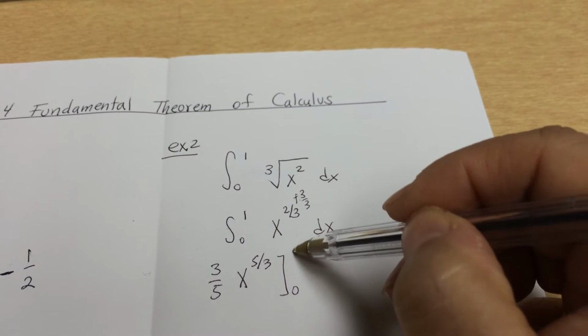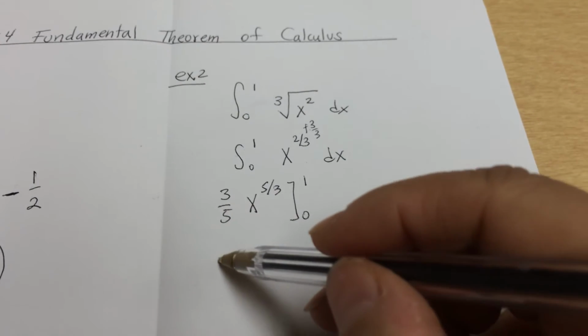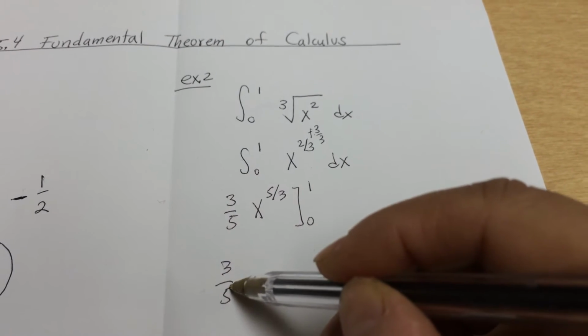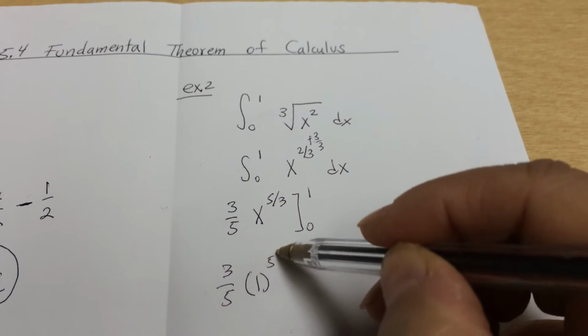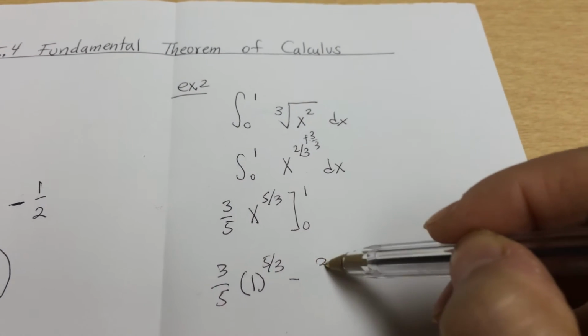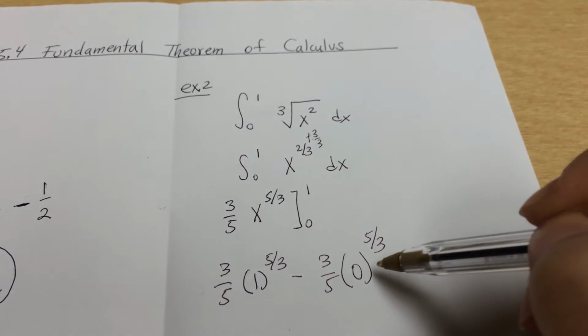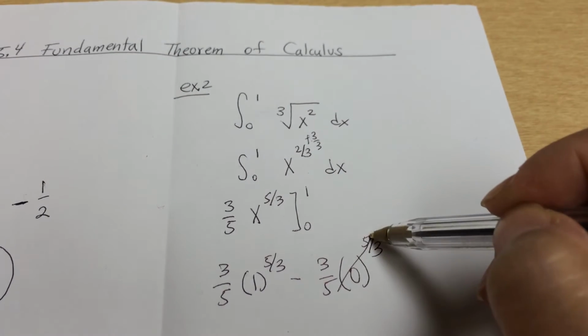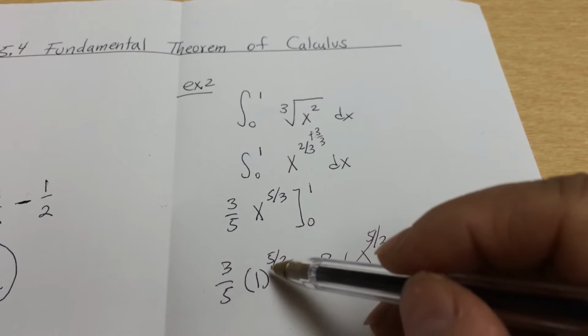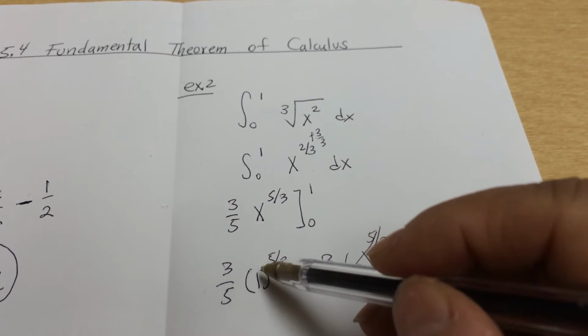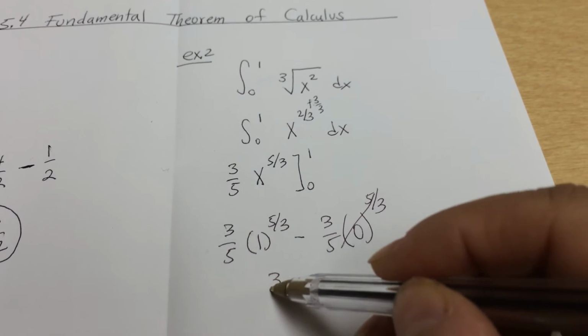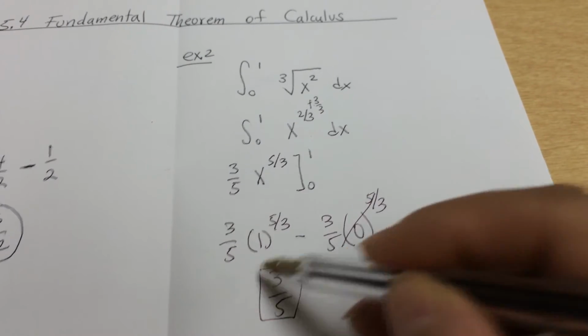Now we put in the limits of 1 and 0. So 3 over 5, 1 to the 5/3, minus 3 over 5, 0 to the 5/3. Anything times 0 is going to give us 0, and 1 to any exponent is also 1. That's going to give us 3 over 5 as the final answer.